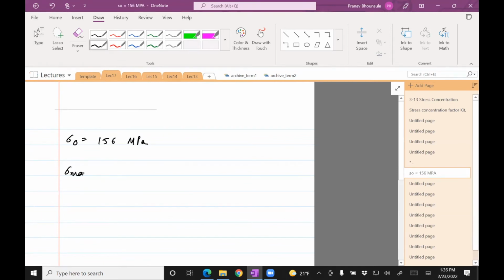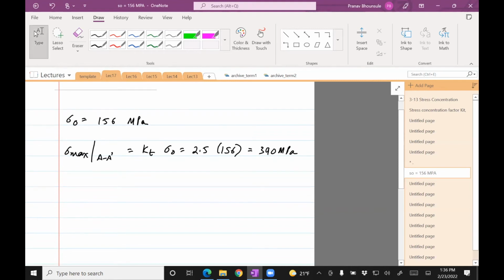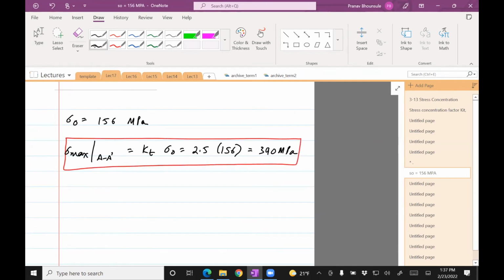So sigma max at A prime is KT times sigma 0. KT, we computed that to be 2.5, times 156, that's 390 MPa. Okay, so that's our first stress.